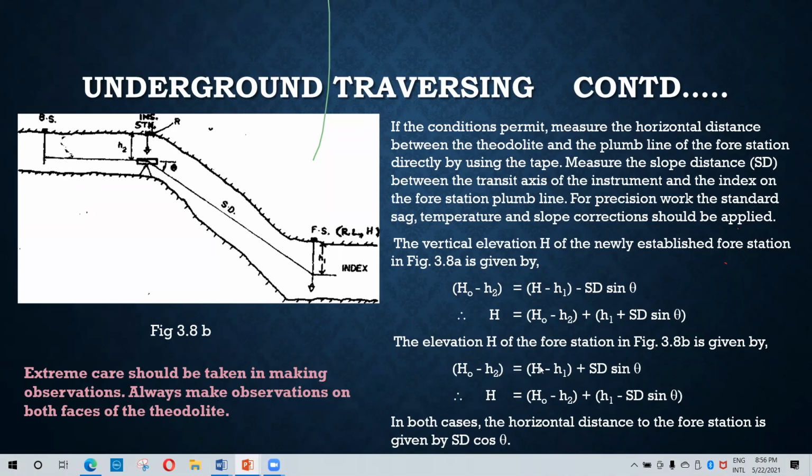Then you will get this equation, right? So these are the two equations formed based on geometry. Please exercise and prove this by yourself at home, right?